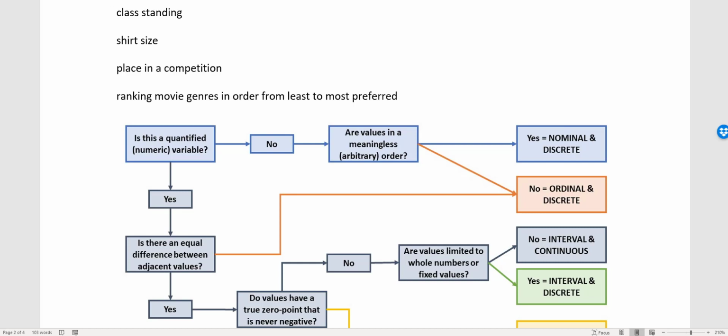So if that's the way that you were assessing or measuring your variable, then is this numeric or quantified? No, right? But they are in a meaningful, not meaningless order because we know that, for instance, I like comedy more than I like documentaries, right? You know the direction of the differences. There's a meaningful order to it.